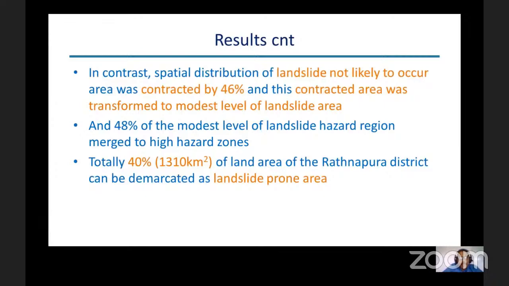Totally 1,310 square kilometers, that is 40% of Ratnapura district, are considered as landslide prone area. We see that this results in an increase of landslide occurrence in Ratnapura district.